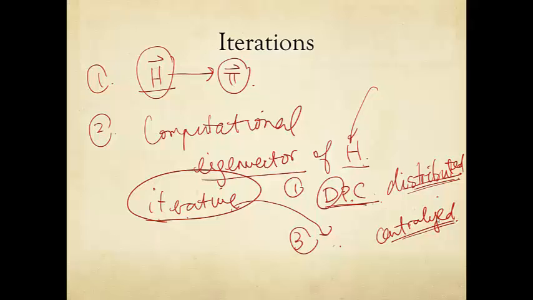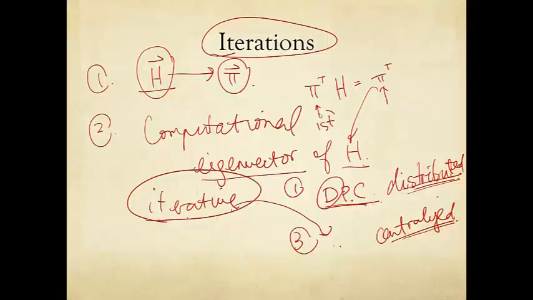Now, towards the end of the 4th module of this lecture, we will come back to this iterative method. You're going to compute the pi, not directly by computing the eigenvector of matrix H, but instead, you will keep multiplying pi transpose on the right by H. Call this the first iteration. Then that gives you pi transpose, the second iteration.